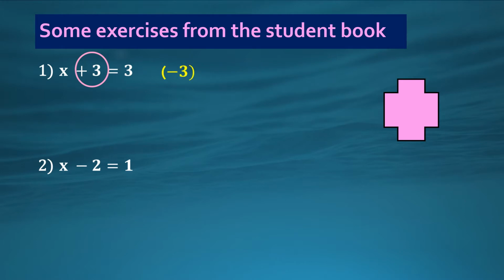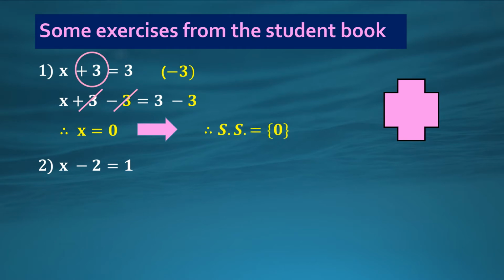So we will subtract 3 from both sides to remove 3 from x. So x plus 3 minus 3 equals 3 minus 3. So x will be equal to 0. And the solution set will be equal the set of 0.